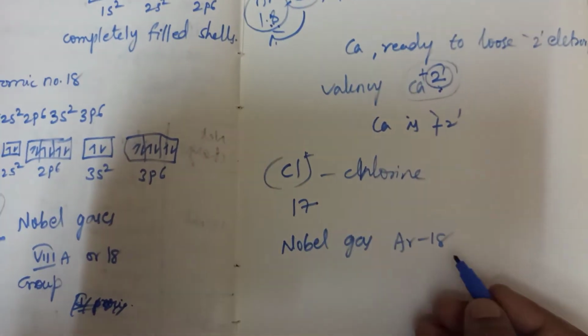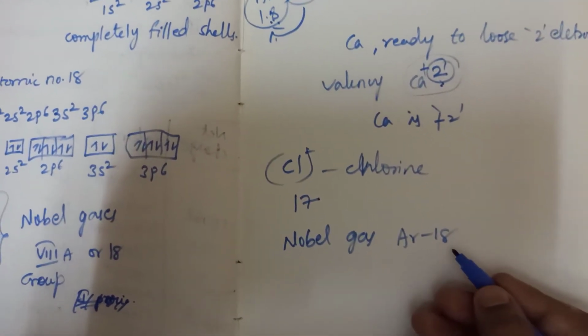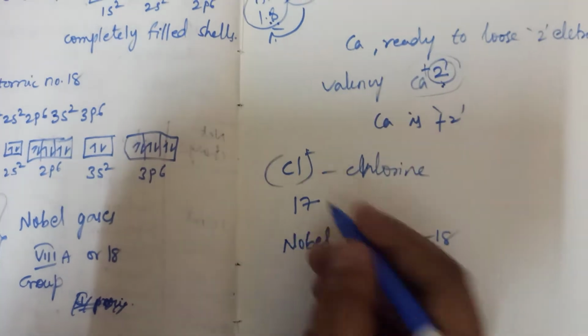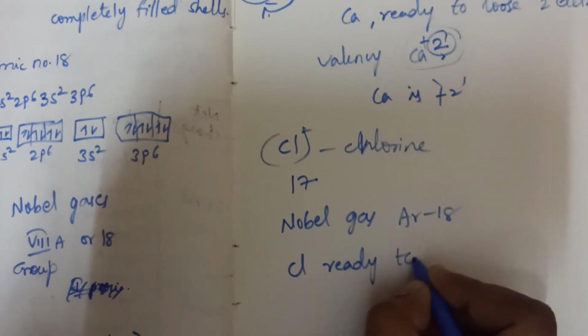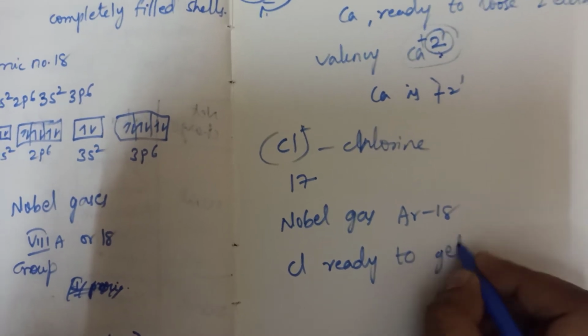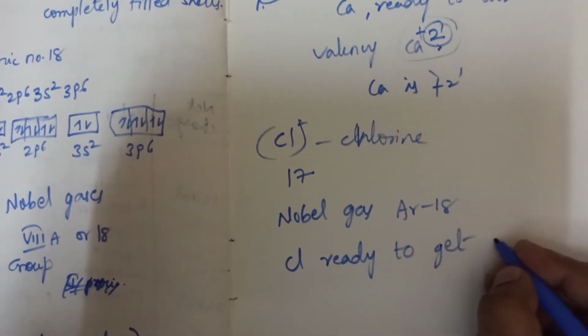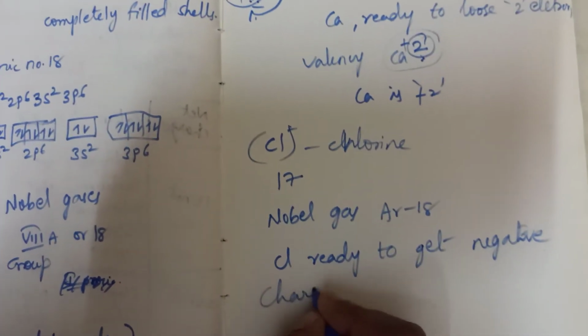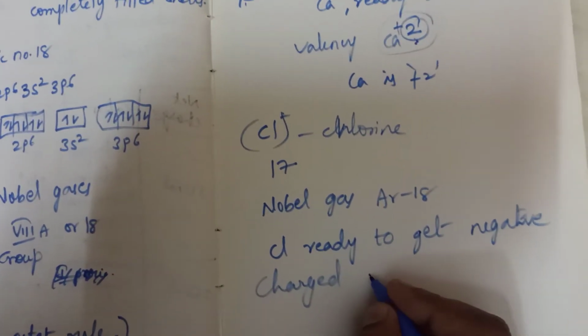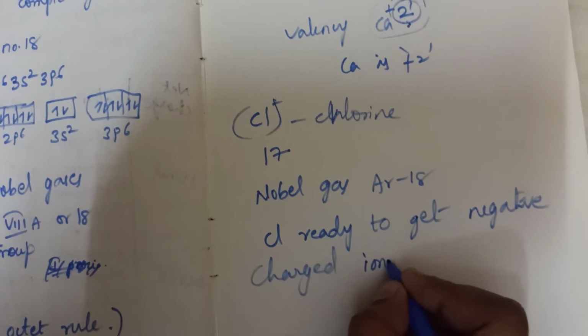So chlorine always wants to reach the noble gas configuration of argon. That's why chlorine is ready to get a negatively charged ionic configuration.